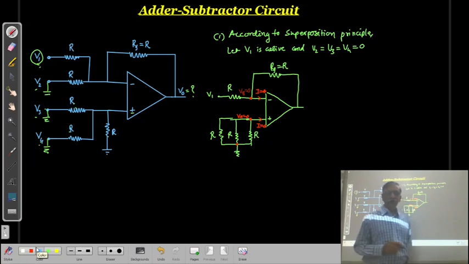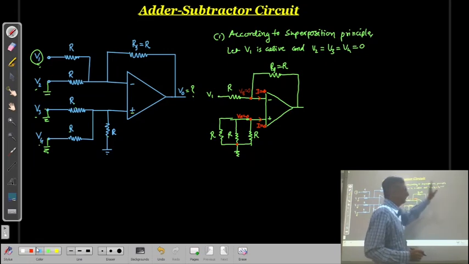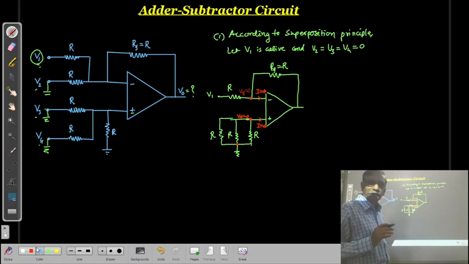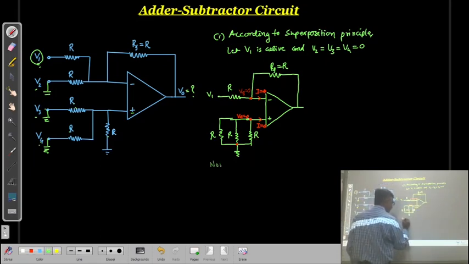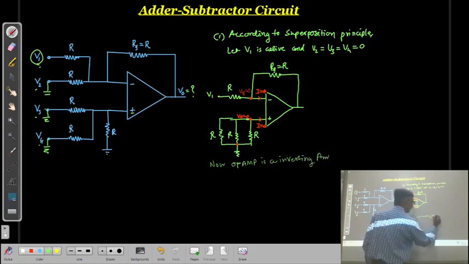Remember, when V1 is active and the rest of the sources are connected to ground, the operational amplifier behaves like an inverting amplifier with input voltage V1. So the op amp is an inverting amplifier, correct?